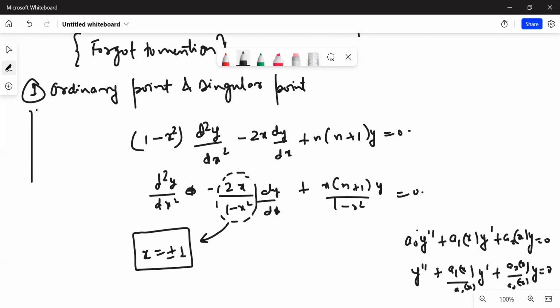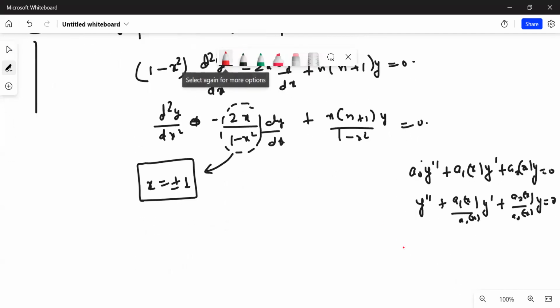So all those points where a naught x becomes 0 are called singular points.